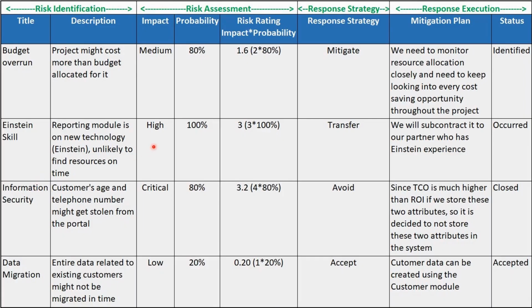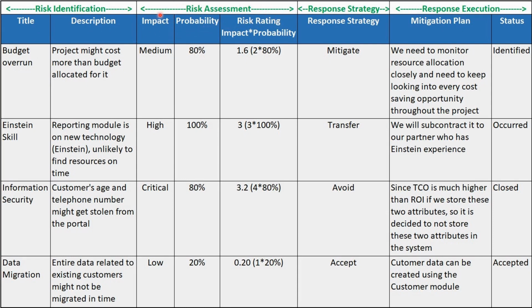This is a risk log that I have created to explain all these 4 steps in the risk management process. I have created here 4 risks as an example, and those are divided into these 4 steps. So as you can see on the left hand side, risk identification is the first step where we document the title and description of the risk.